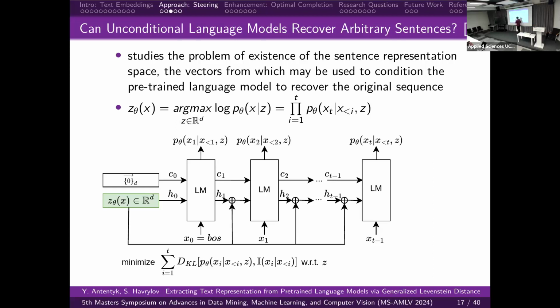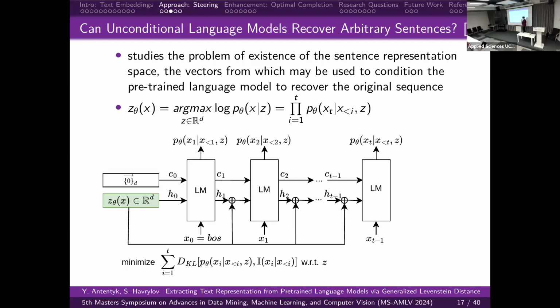We want to find such a vector that maximizes the probability of the sentence produced by the language model conditioned on this vector Z. So we condition the language model on vector Z and pose the optimization problem such that we optimize vector Z so that if we condition the language model with it, the probability of the sentence X is maximized.